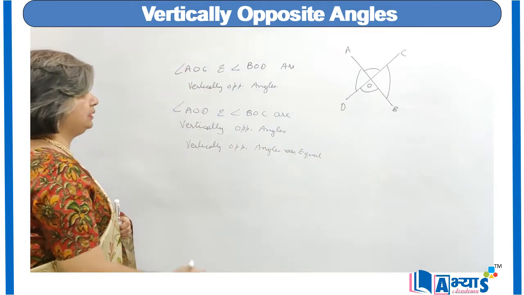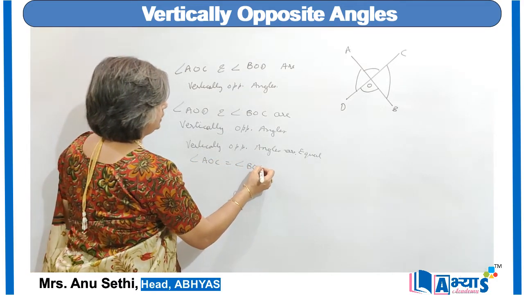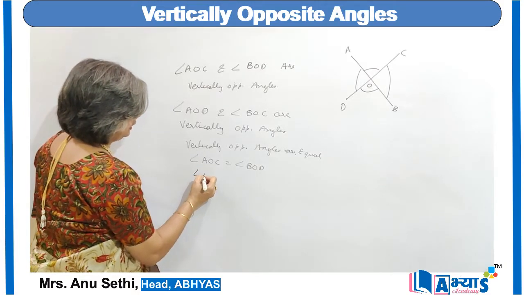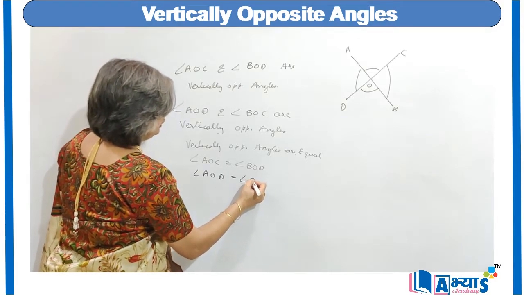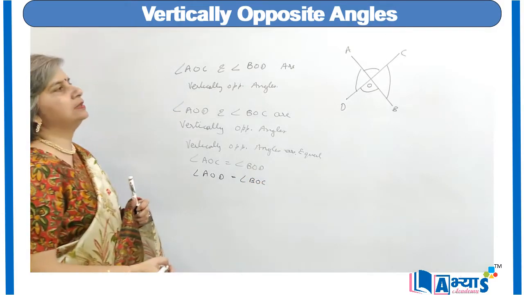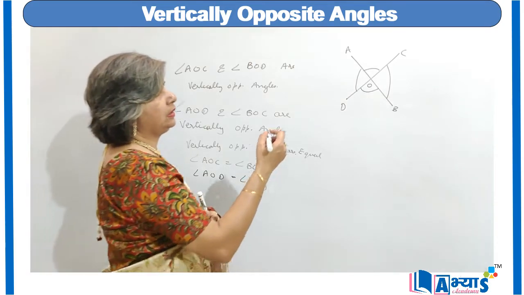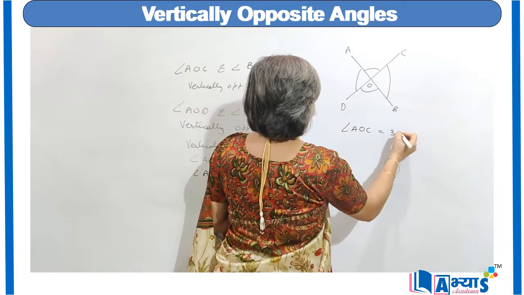So that means angle AOC is equal to angle BOD and angle AOD is equal to angle BOC. So as they are vertically opposite angles, they are equal. And suppose we are given that angle AOC is equal to 35 degrees.